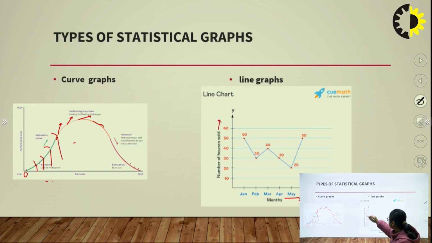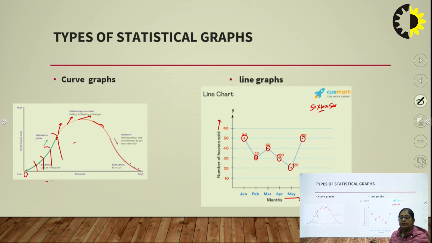In January 50 houses were sold. Up 50 can be 500 if we have taken the scale 10. In February it will be 30. In March it will be 40, and it will be 30, 20 and then 50.